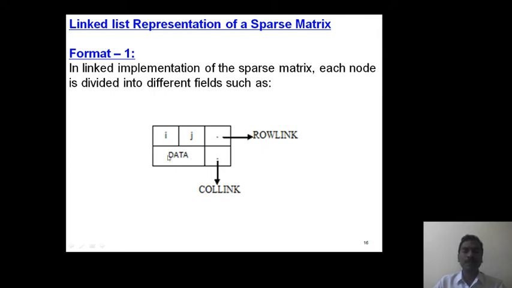I represents the row value, J represents the column value, row link is a pointer variable that points to the next node in the same row, column link is a pointer variable that holds the address of the next node in the same column, and the data part stores the information part of the element. In general, we place non-zero elements.